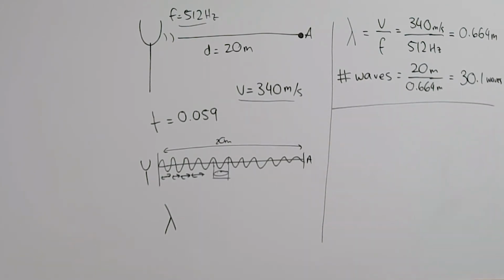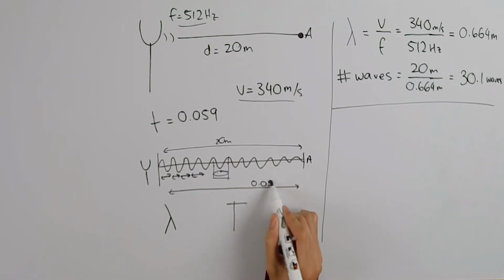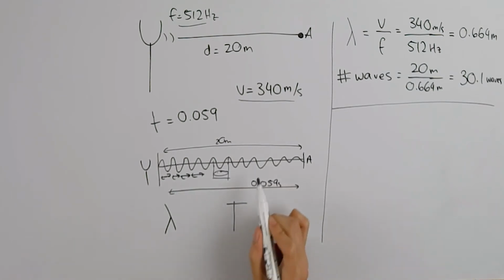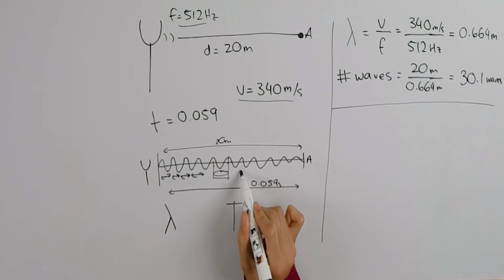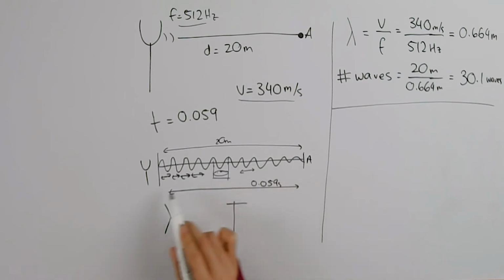So the second way of solving the problem is actually using the period. So we know the entire journey took 0.059 seconds. So what we can do is work out the individual period. We can work out how long one wave takes and see how many of those waves fit the entire time of the journey.